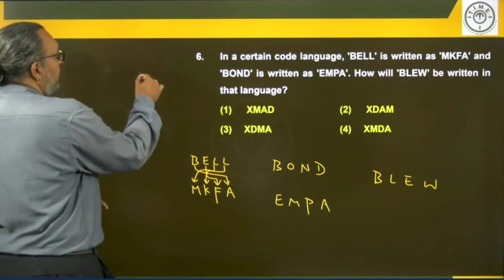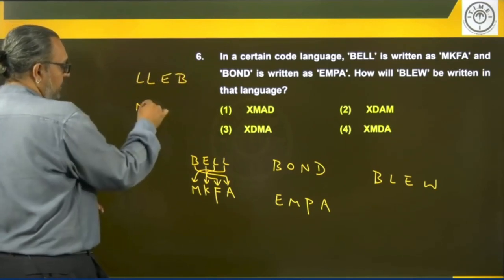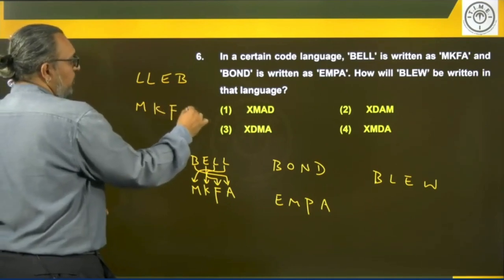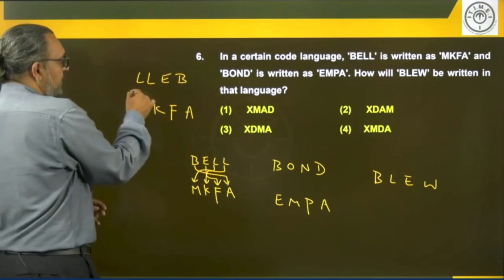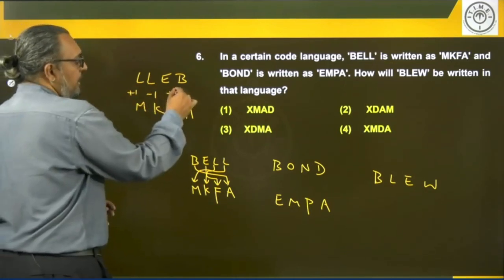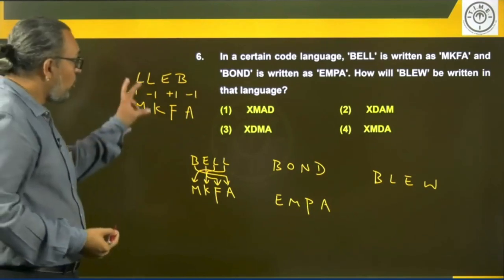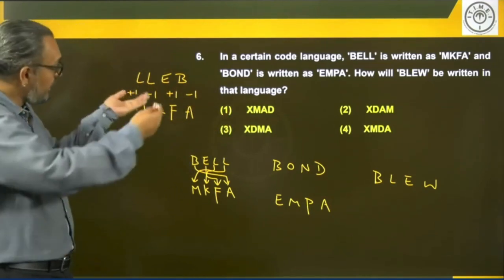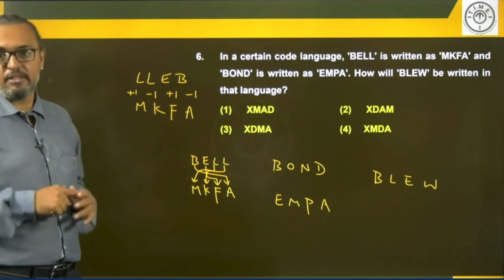See, bell, if I write it in the reverse like this and then write the code as it is, now you will get a logic. What is the logic? So, we have L, this is the next letter, then here L, the previous letter, again E, the next letter, again B, previous letter. So the word is reversed and then he started taking plus and minus, next letter, previous letter, alternately.